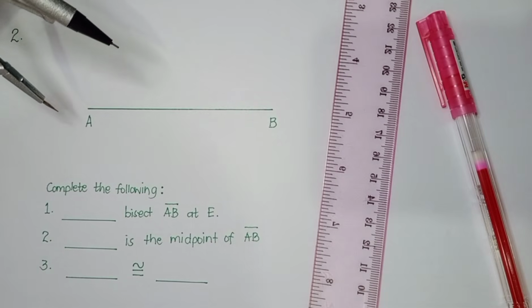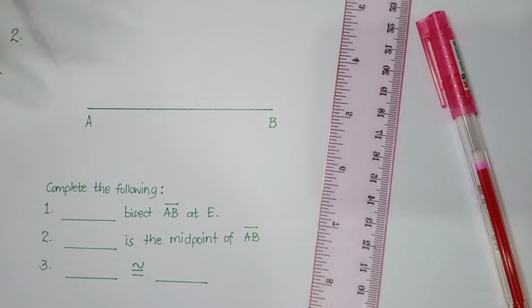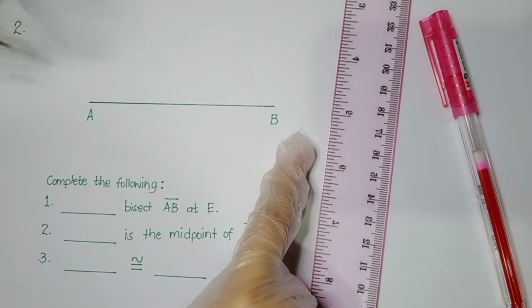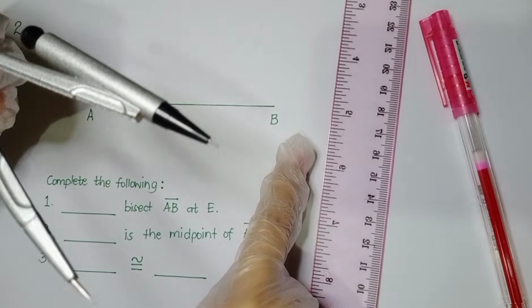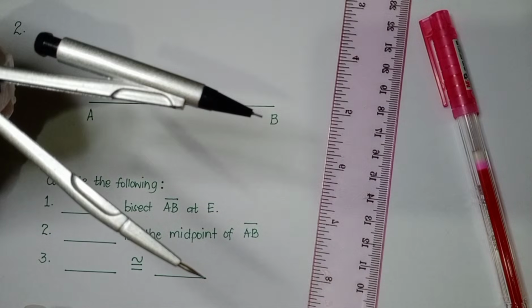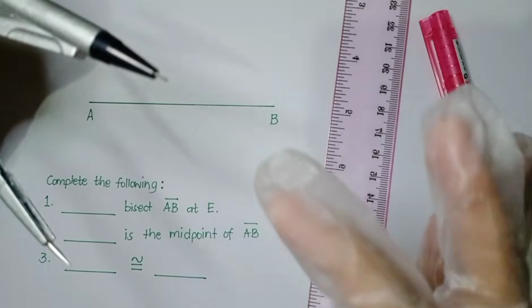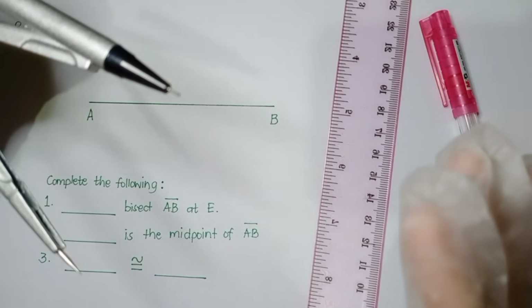Okay, so let's have the second one. So how are we going to construct the perpendicular bisector of a segment? So as you can see, we have here segment AB. Okay, so iset up ninyo yung inyong compass. Okay? So, kung ito yung radius na gagamitin ninyo, ito na po all throughout. Okay?